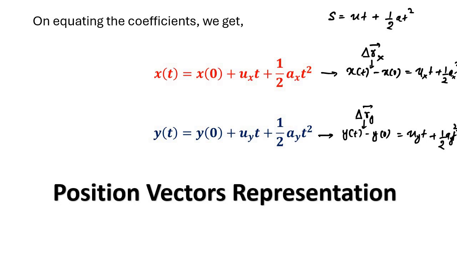So this is the same equation, s is equal to ut plus half at square, but the straightforward equation is applicable for one-dimensional motion, because there, everything that is happening is along a single axis, whether it is x, y, or z, so there is no need of resolution into individual components along x, y or z axis.